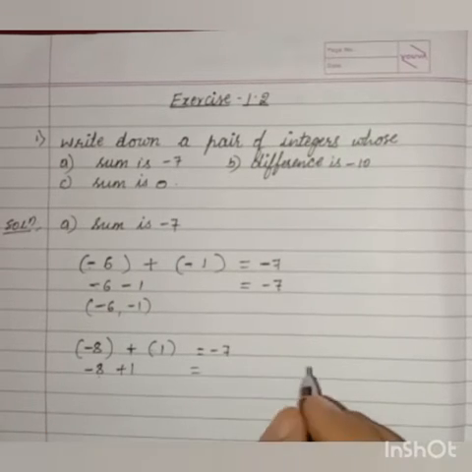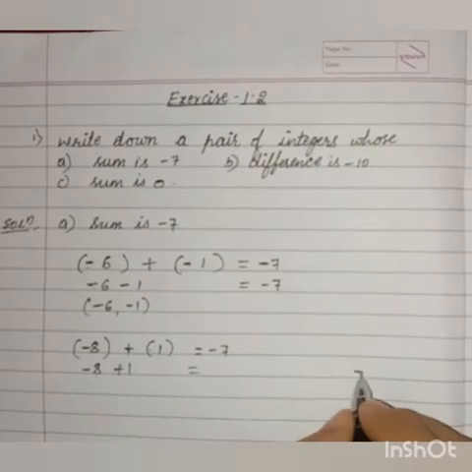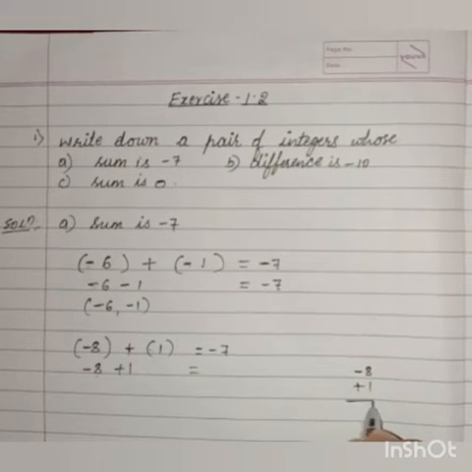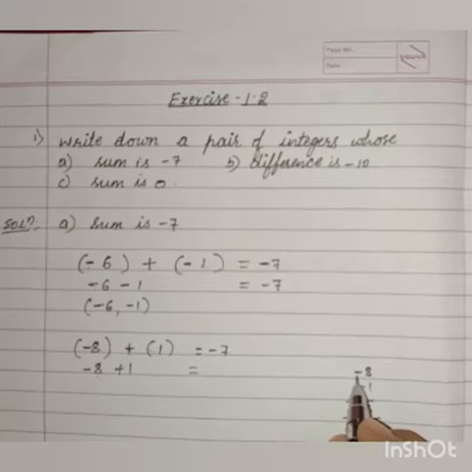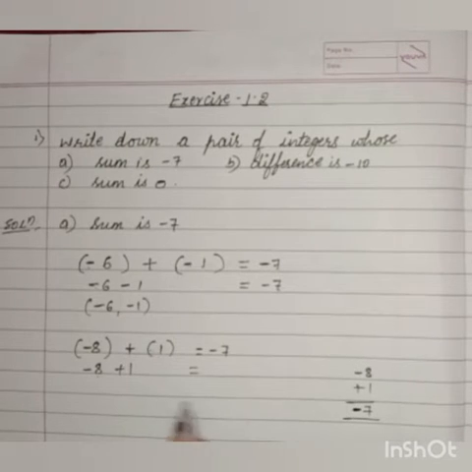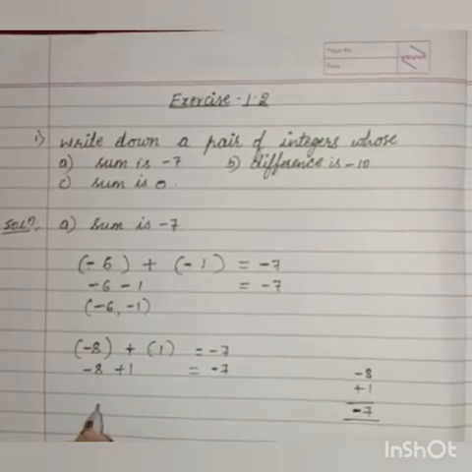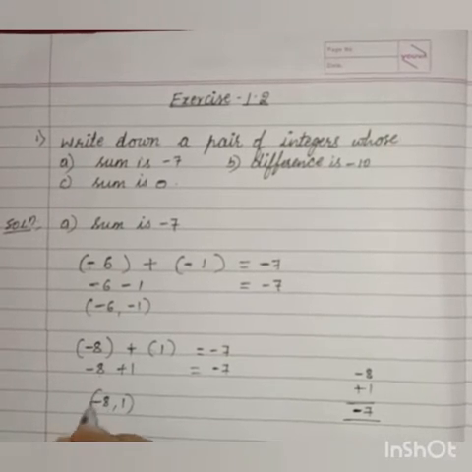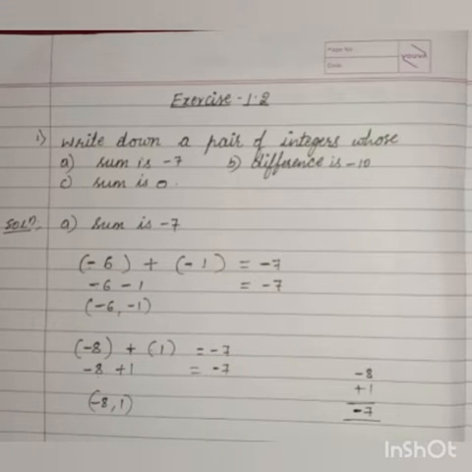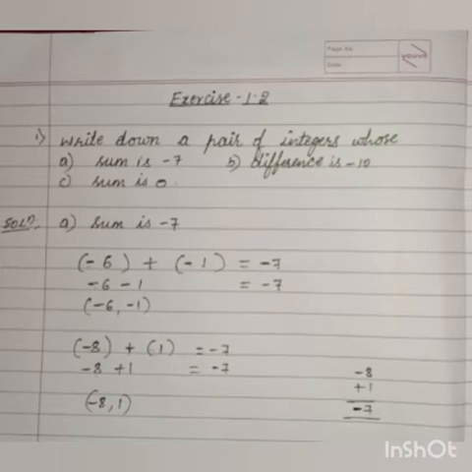So what is -8 plus 1? -8 plus 1 is -7, because the greater integer has a minus sign, so we have to subtract and put a minus sign for the difference. Okay, so another pair is -8 and plus 1. So we can get more possible numbers as the answer.